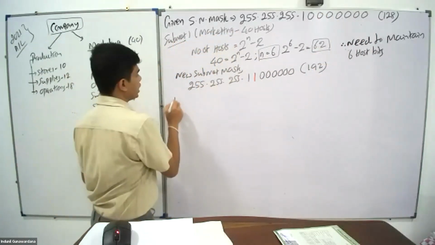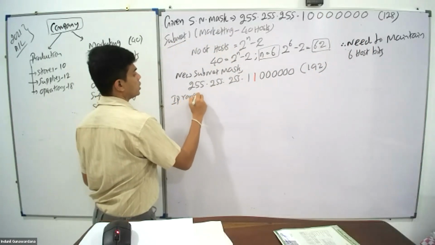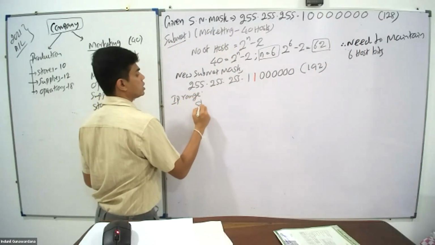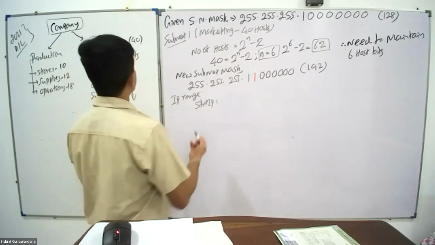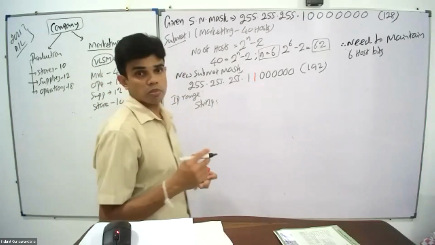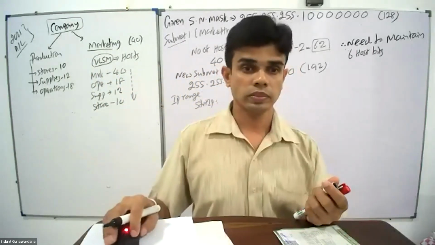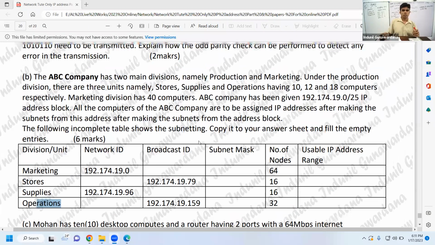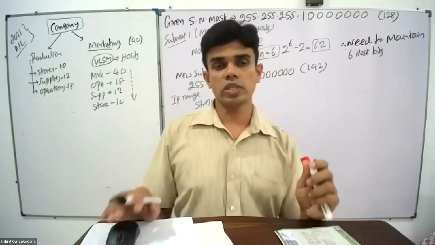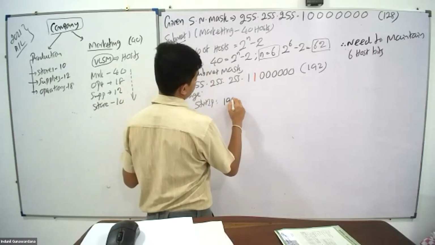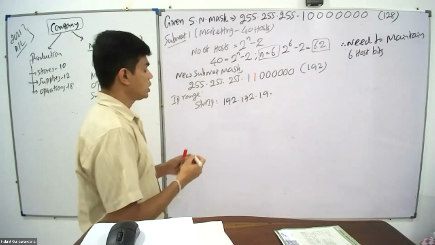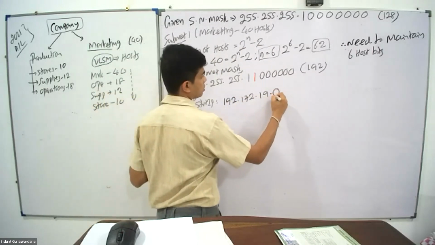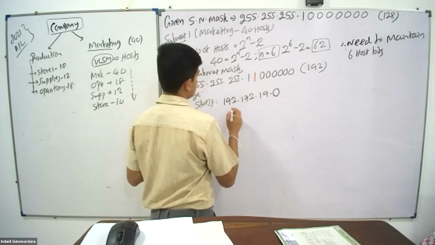Now I may calculate the IP range, continuing with the start IP. Listen carefully. The start IP is going to be from the IP block. What is the IP block given there? 172.19.0, where this 0 is the decimal version.